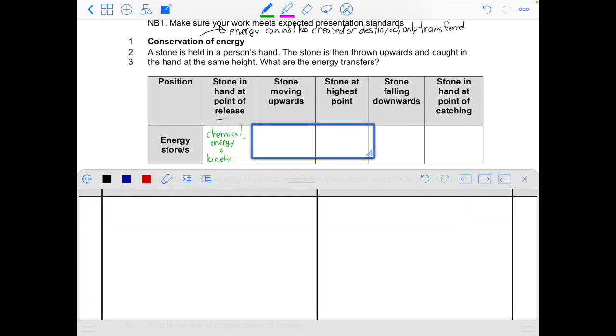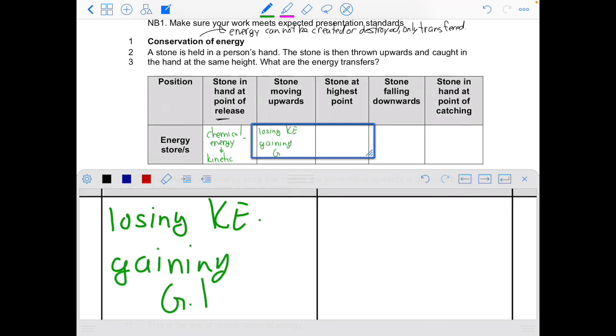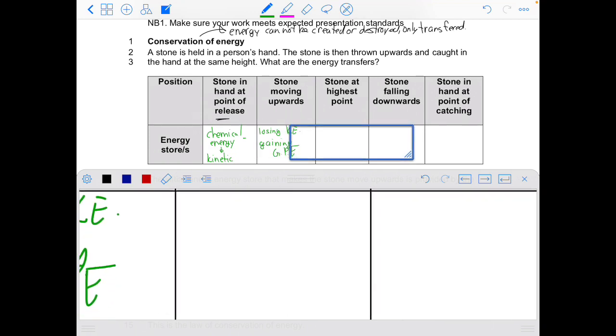So as it's moving upwards, it's losing kinetic energy and gaining gravitational potential energy. So as it's moving upwards, it's going higher in the air, so it's gaining gravitational potential energy, but it's losing kinetic energy.